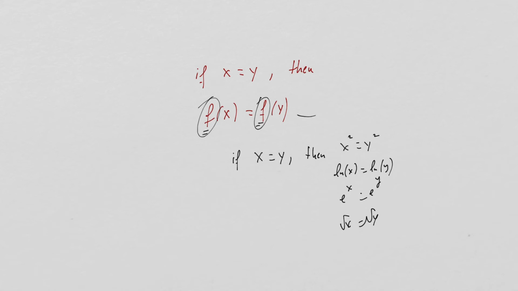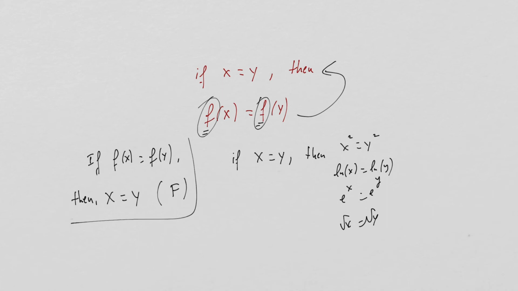By the way, the converse is not true. So if f of x equals f of y, it does not mean x must be y. Okay, this is false. It can be true, but it doesn't have to be true. It does work when f is a one-to-one function. We call them one-to-one functions.